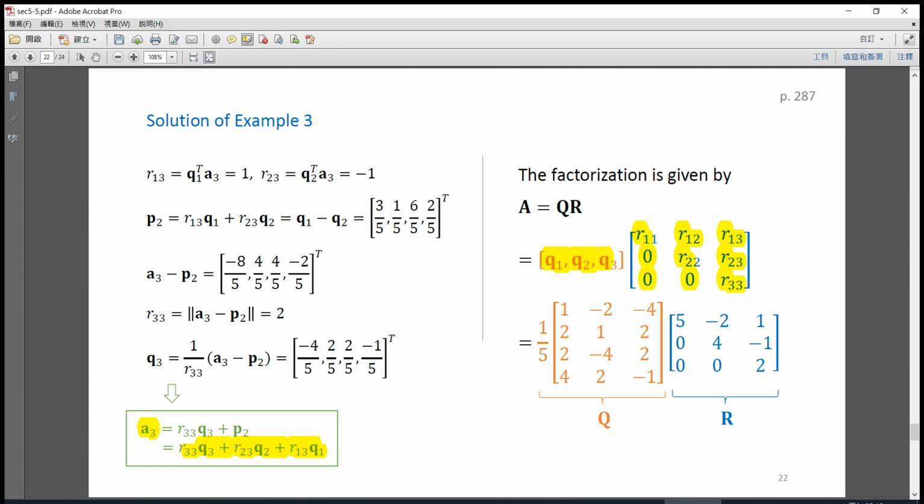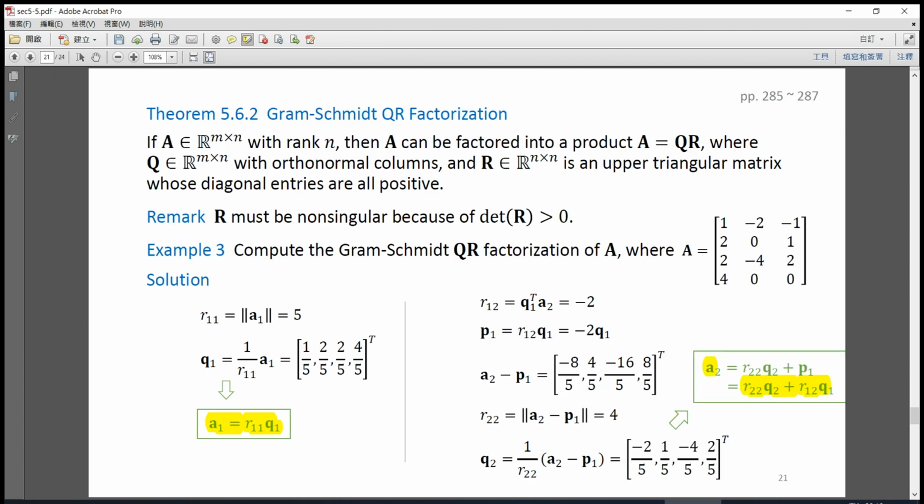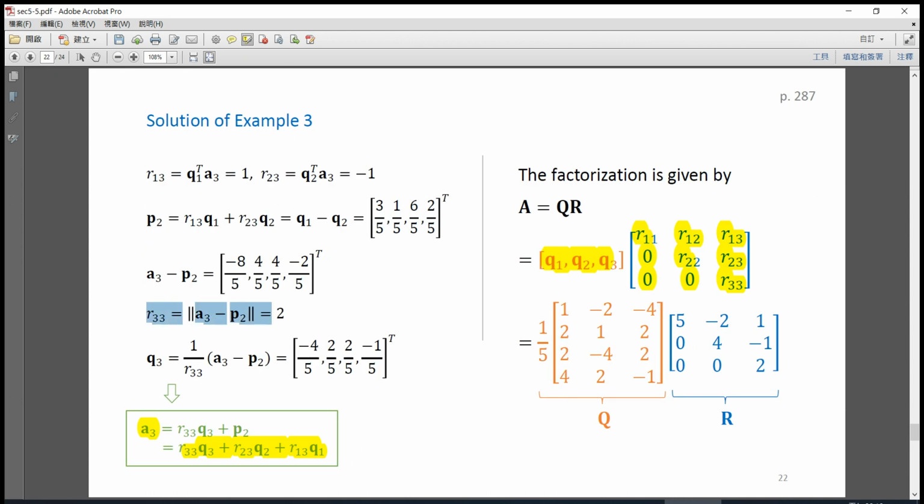We know that matrix A and matrix Q have the same dimension, while matrix R is an upper triangular matrix whose diagonal entries r11, r22, r33 are all positive, because r11, r22, and r33 are the norm of a vector, and the norm is positive.